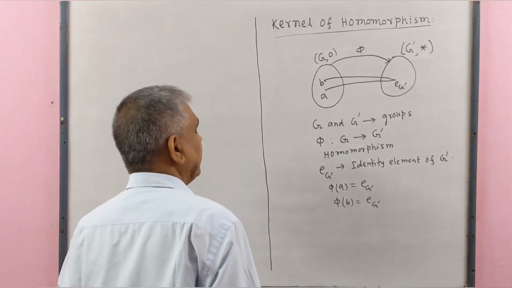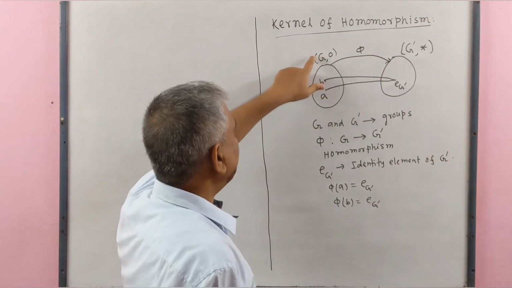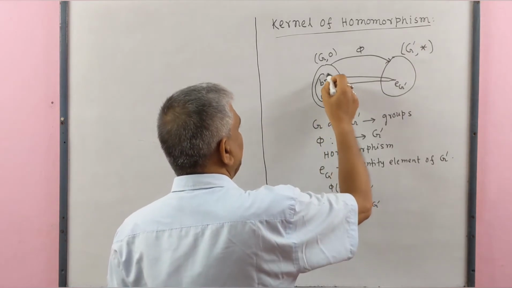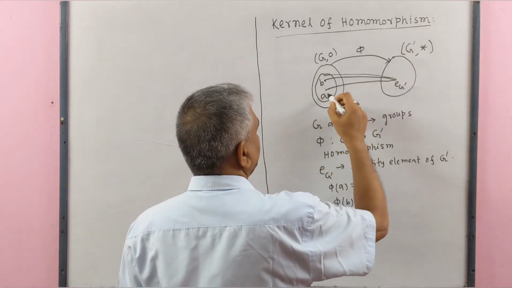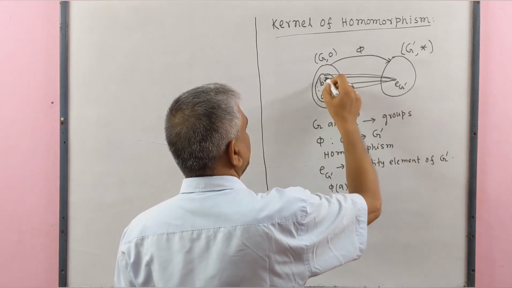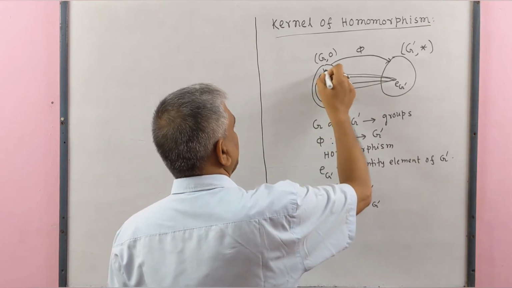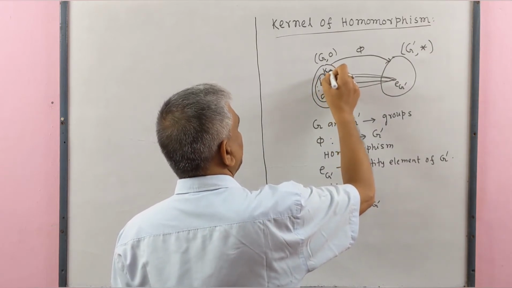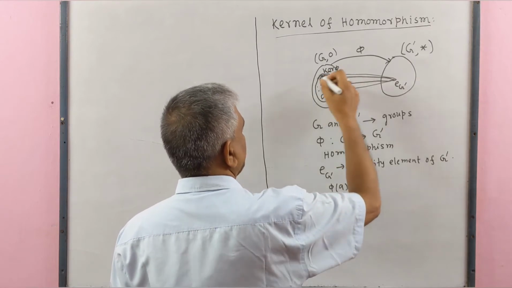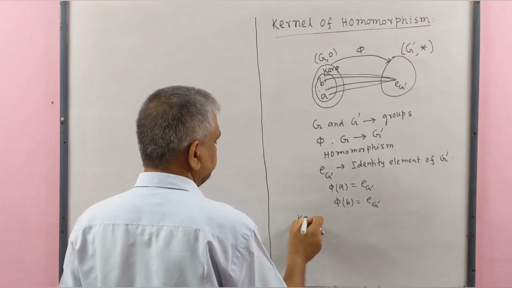In this way, we collect all those elements of G whose image is e_G' and we make a set. This set is called the kernel of homomorphism phi.